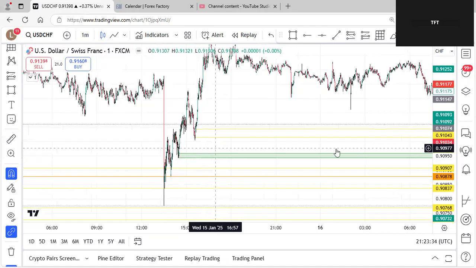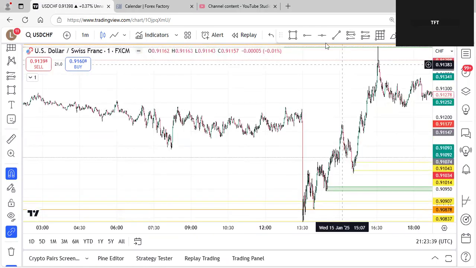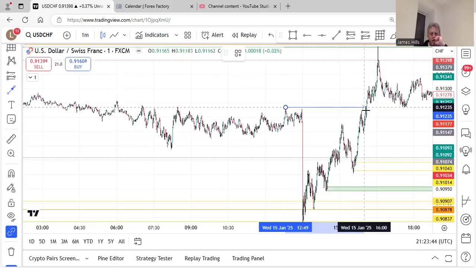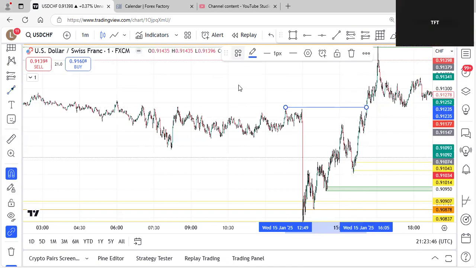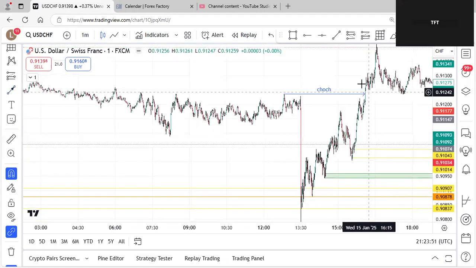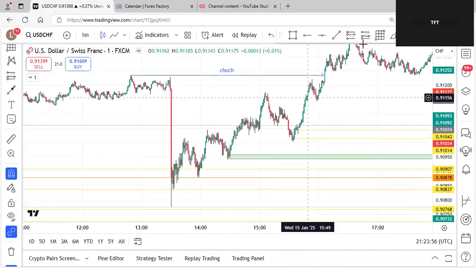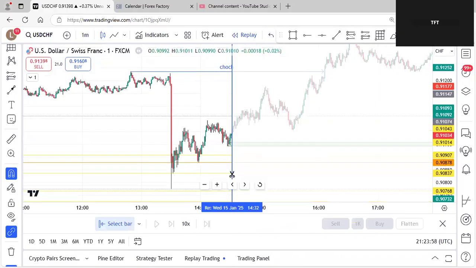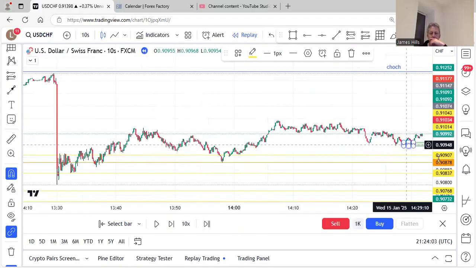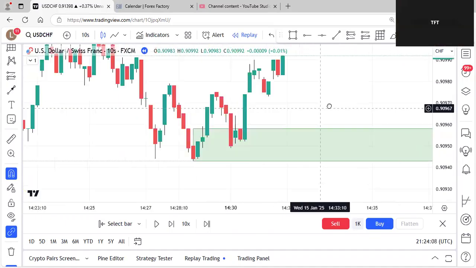So obviously after it breaks to the upside from here, that's actually the 1 minute change of character there. As soon as it breaks above here, that would be the green light to go and find an entry. So I'll just show you that candle. Lovely huge candle there.